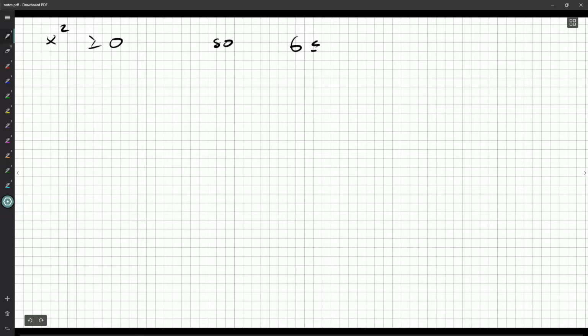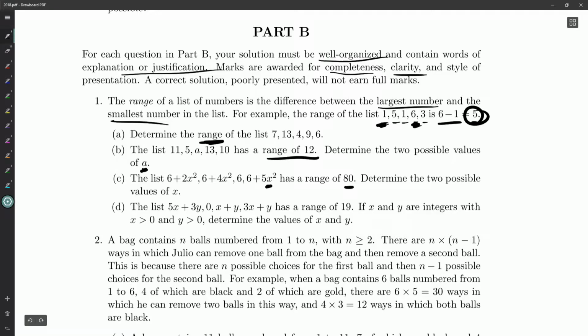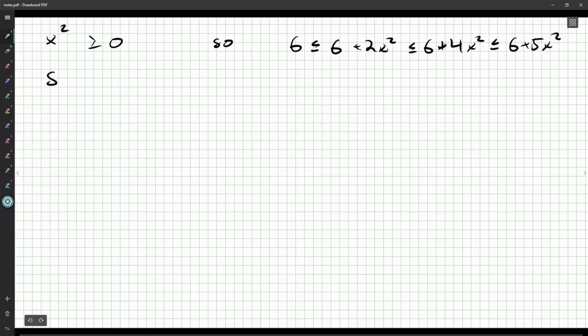So I can see that 6 is less than or equal to 6 plus 2x squared, and we're just adding on larger and larger numbers. Those were the numbers: 2x squared, 4x squared. Okay. So the range, which we're told is 80, must be from the largest.